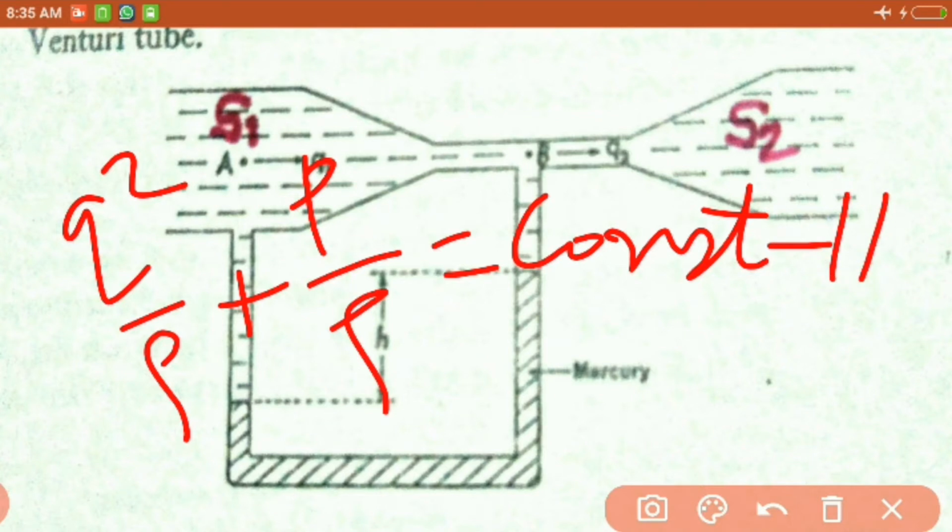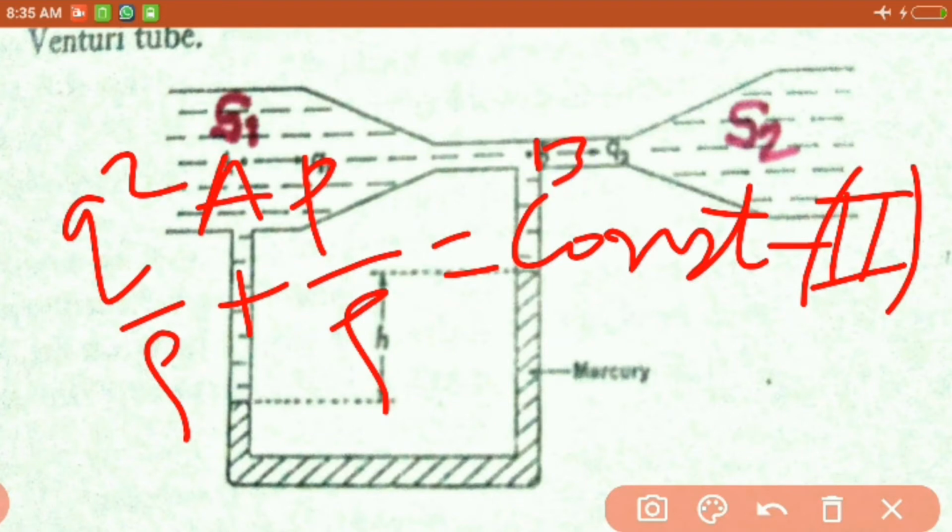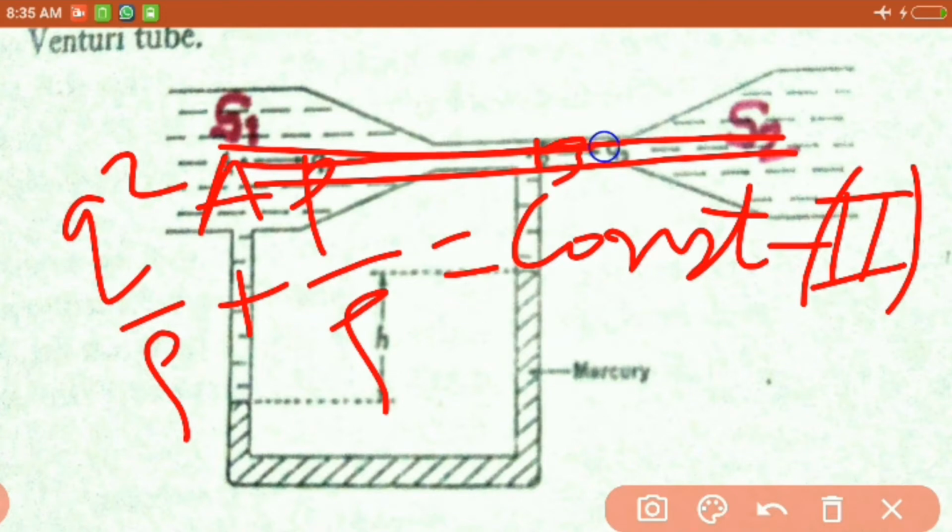Suppose this is equation second. Applying Bernoulli's equation along the central streamline from A to B, this is the central streamline, and the flow of this stream is from A to B.